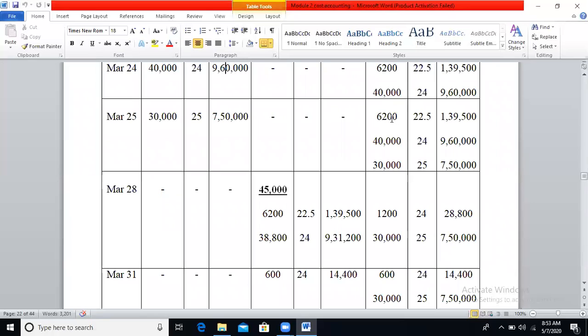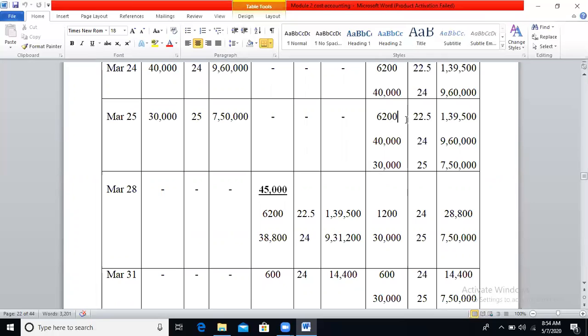If you want any required quantity to be issued, you will consider the next batch of units. So you will consider 40,000 units. Out of 40,000 units, we need only 38,800 units. What is the price of 40,000 units? 24. That will be considered. So 38,800 units at rupees 24, you will get 9,31,200.